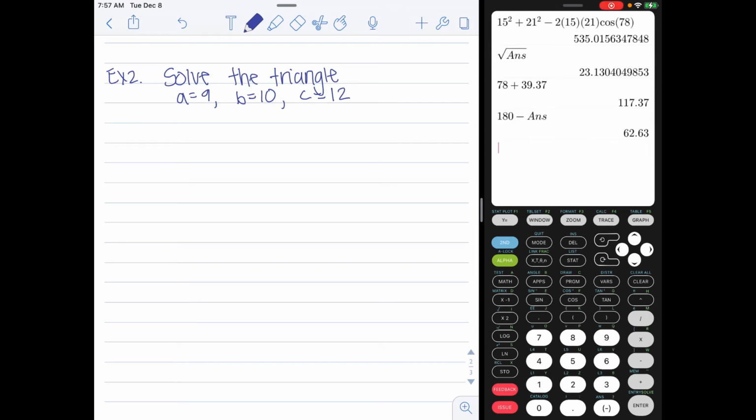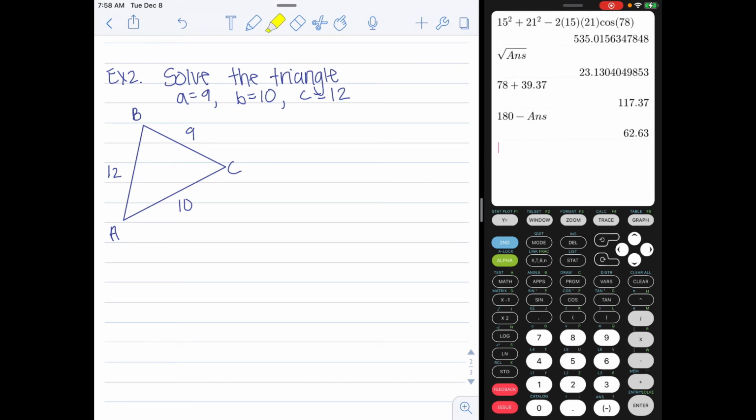Okay. Drawing this out, diagram first. Labeling A, B, C. Let's plug in our knowns. Side A is 9, B is 10, C is 12. We don't have any angles here, right?